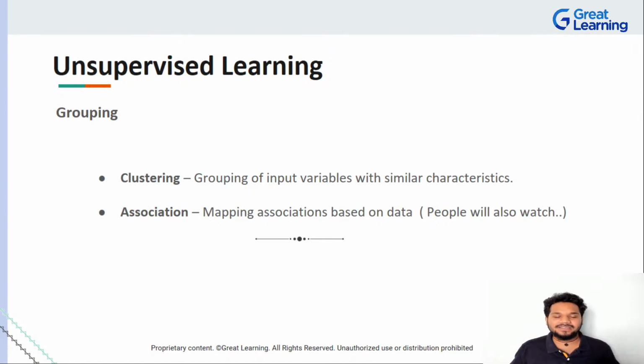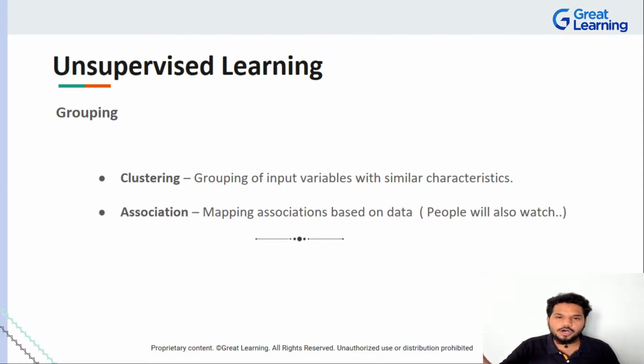Next is association. Association, I promise you guys have used again, right? Have you ever watched TV shows on Netflix or Amazon Prime, where as soon as the end of that episode or anything, it'll automatically jump to the next thing? Once you finish an entire movie, it'll automatically start some other movie which is very similar to the old one that you just watched, or it has the same actor or something like that. Have you ever been in this situation? In fact, even YouTube does it, right? It has auto recommendations.